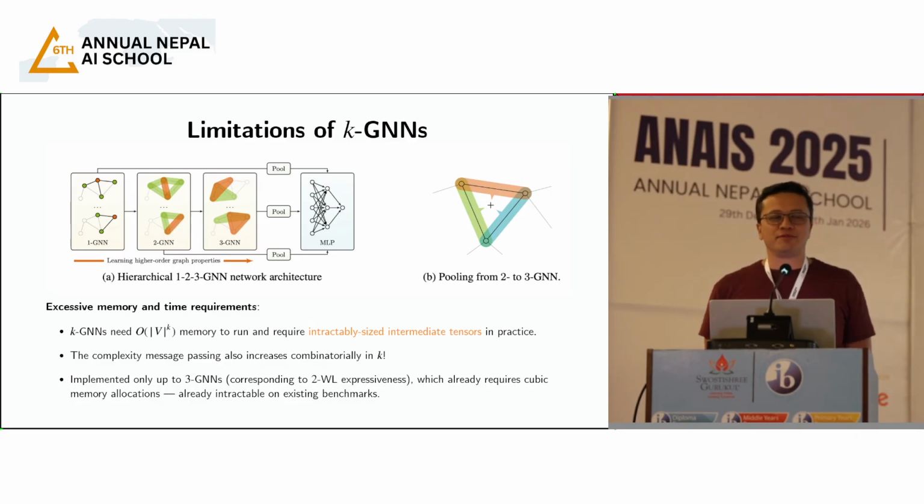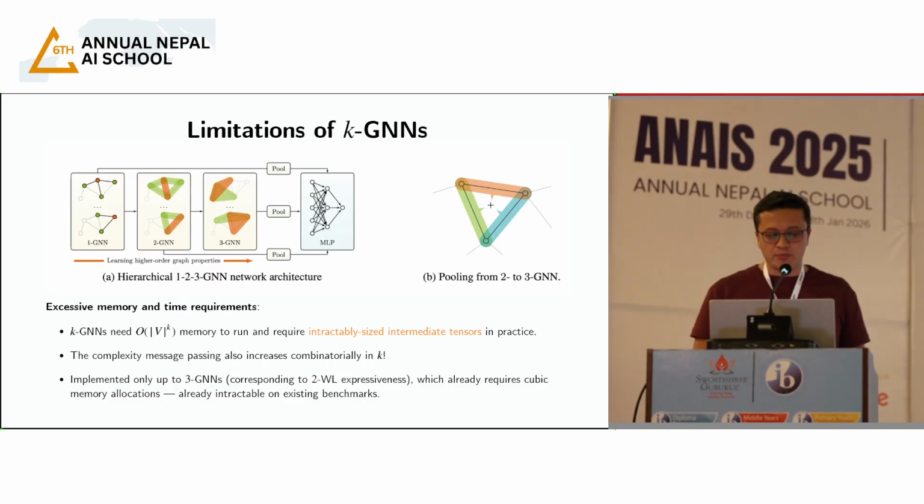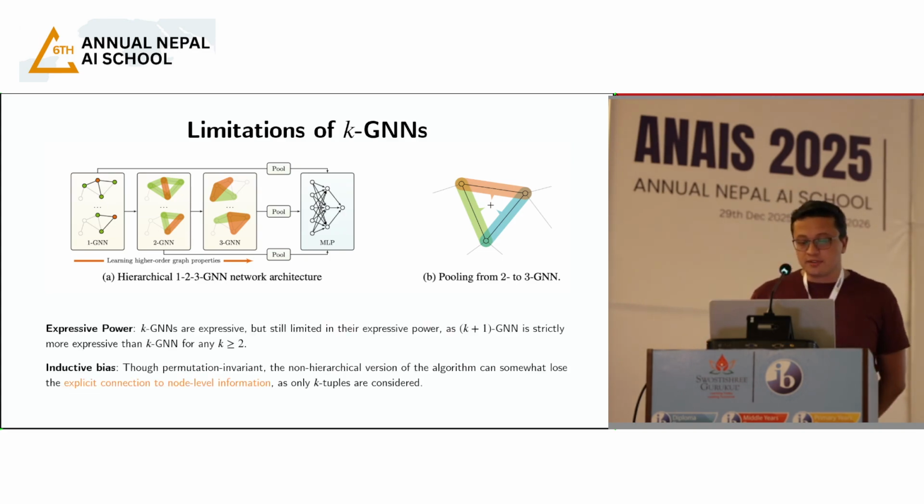And even if K is 3, this already is very, very bad. And that's why they only implemented up to three GNNs, and they used a lot of approximations and memory improving tricks. Good, yeah, KGNNs are expressive, still limited.